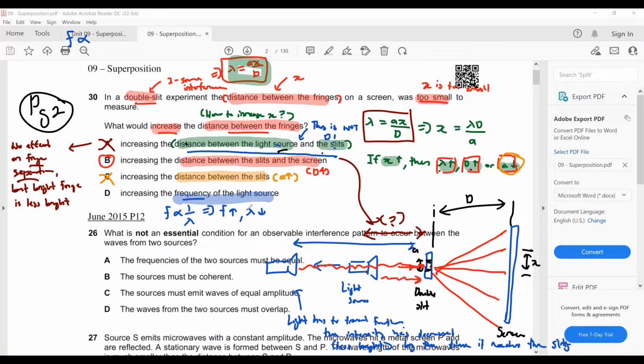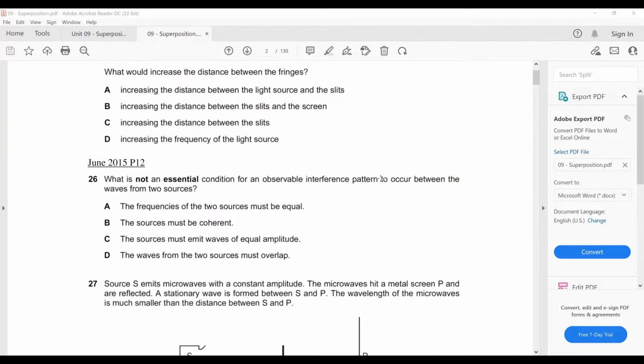Right now we want wavelength to increase, but this one is telling us wavelength is dropping. So D is out. The only correct answer is therefore B. Okay, so this one is all right. Then if you move on to the next question, June 15 P12, I'll just clear out the drawing here.